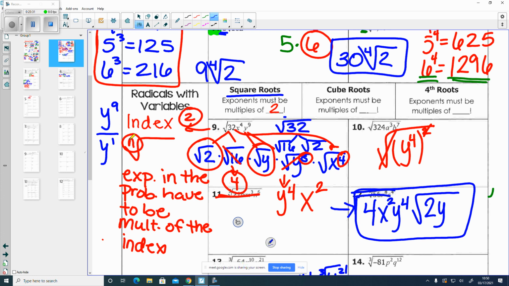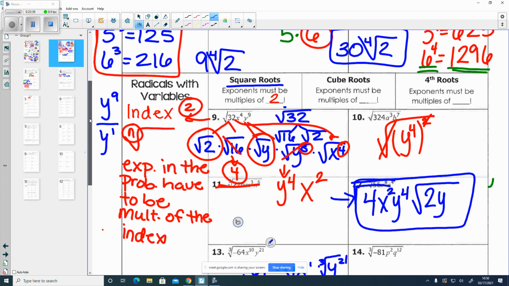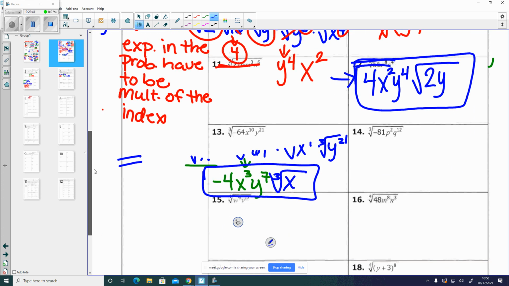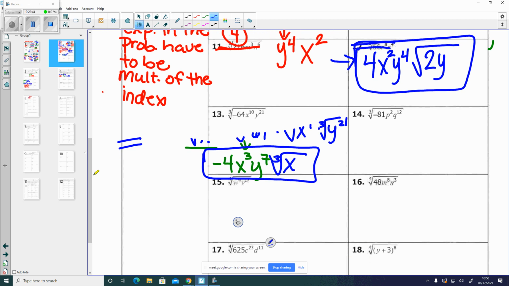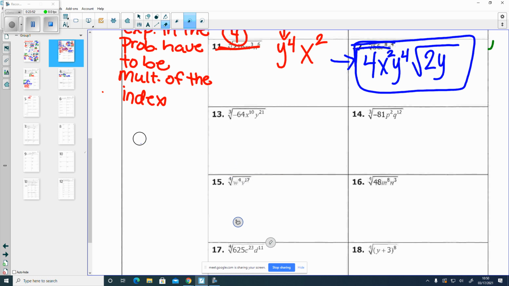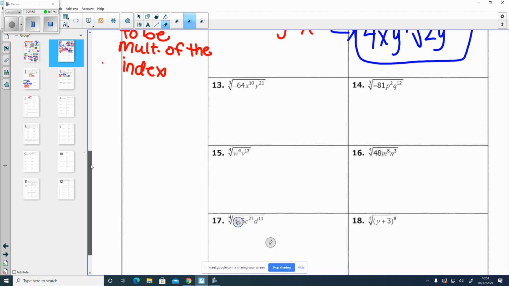All right. Let's try 13 or 14. So I want to do 13 or 14. It doesn't matter which one. Do you agree that both of those, the index is 3 now, right?